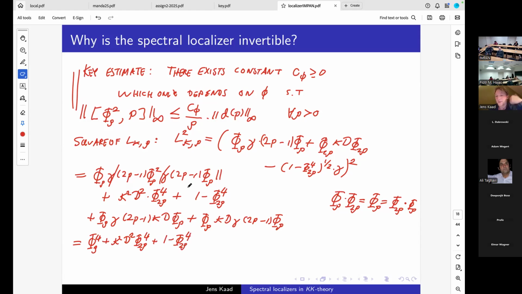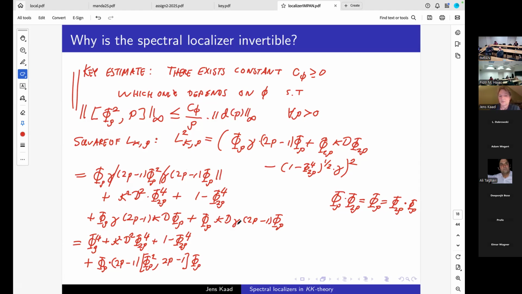Then I have to remember that I took a commutator. So let's add that down here. I have phi rho times 2p minus 1, then the commutator between phi rho squared and 2p minus 1, and then I multiply with phi rho from the right. Now I have taken care of the whole first term, and of these two terms as well.